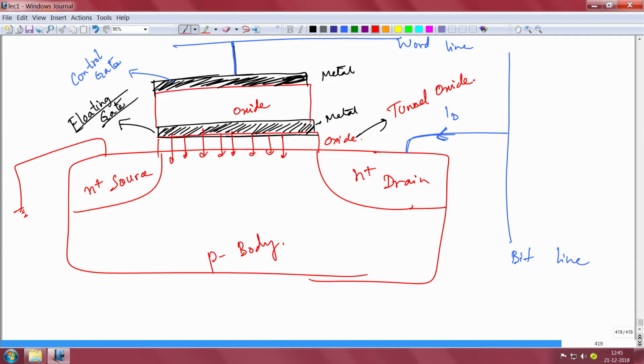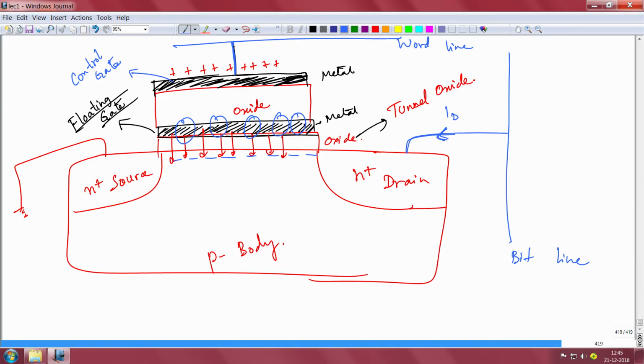The way it works is that if in the control gate you induce a positive charge, then you will eventually have some negative charges here. On the floating gate you will have no net charge, only polarization charges induced by the charge on the top gate.